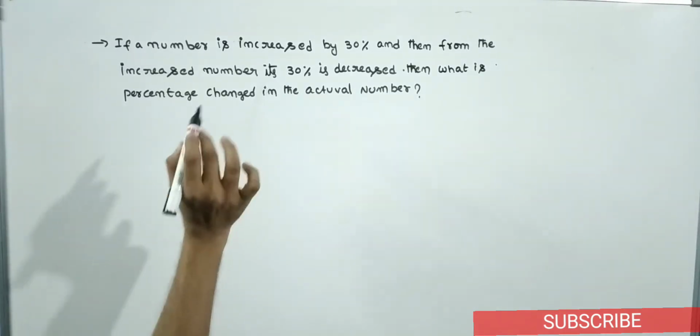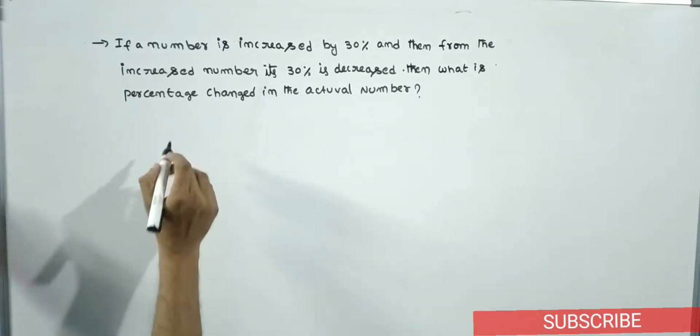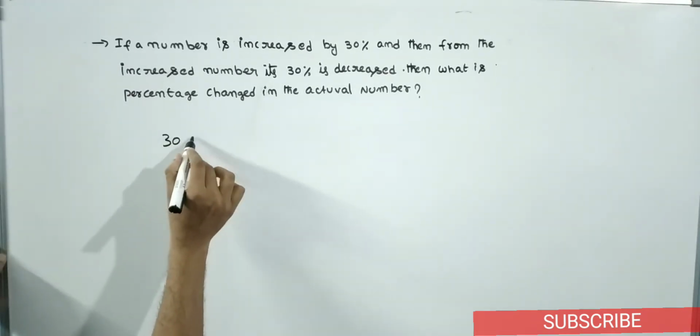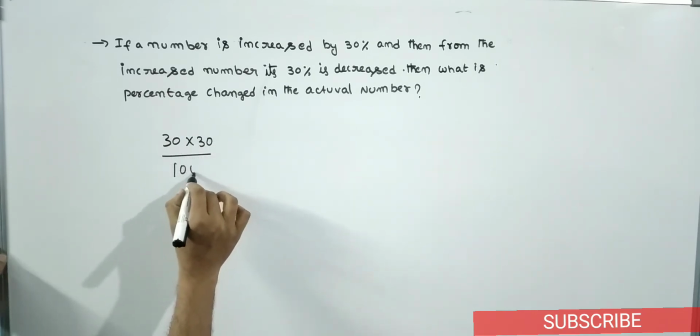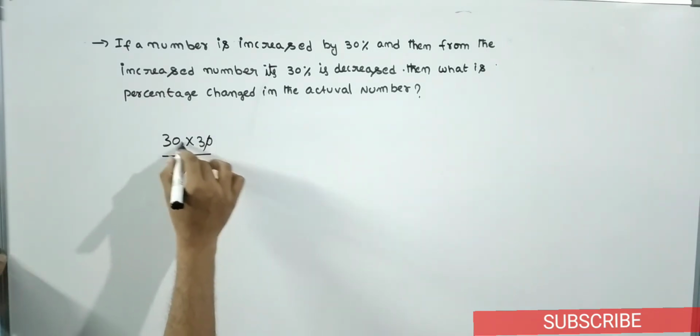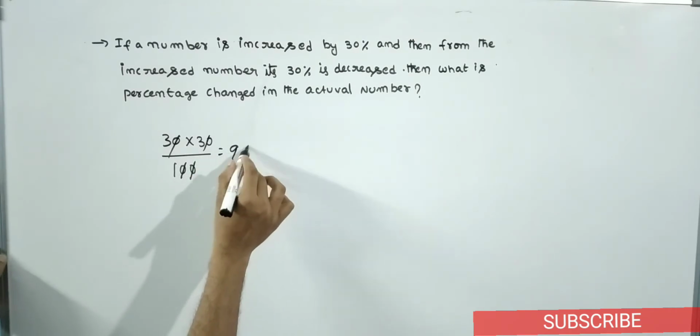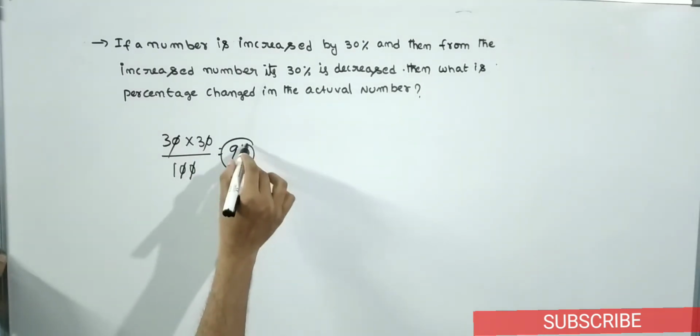See friends, same previous question only. Increased percentage 30 and decreased percentage is 30, by 100, the two zeros cancel, 3 times 3 is 9, so 9 percent is decreased.